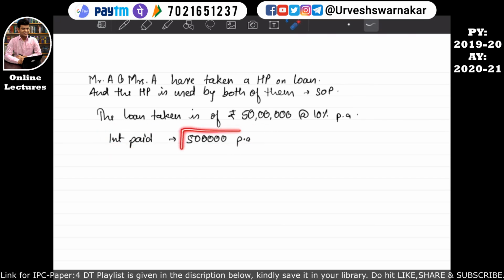So basically this 5 lakh interest is paid by both these assessees, that is Mr. and Mrs. A, that is the joint owners or the co-owners, we can say that. So if they are co-owners, they will divide this interest into two, and each assessee's interest on house property will be equal to 2.5 lakh and 2.5 lakh.